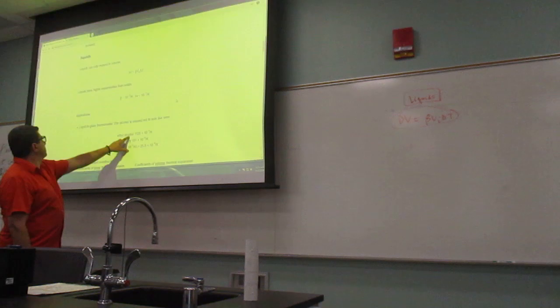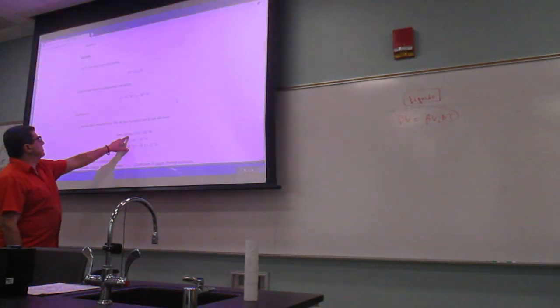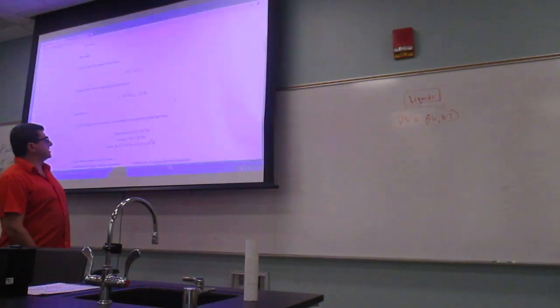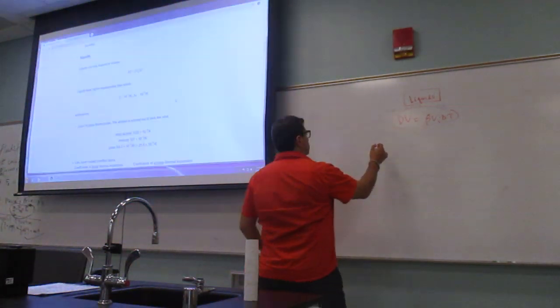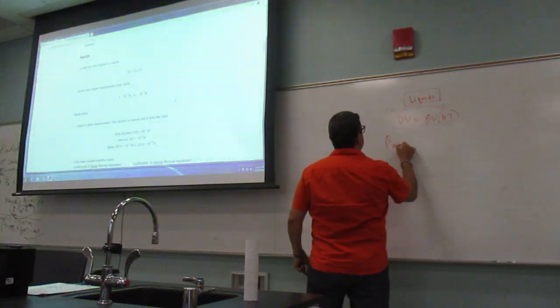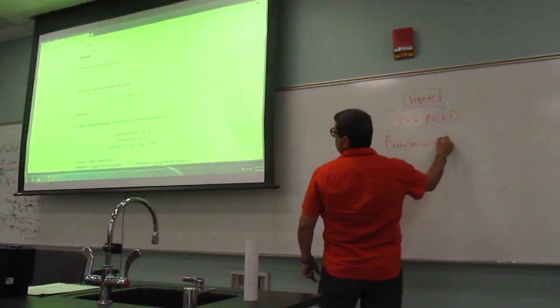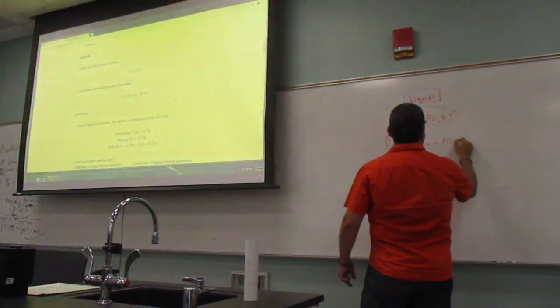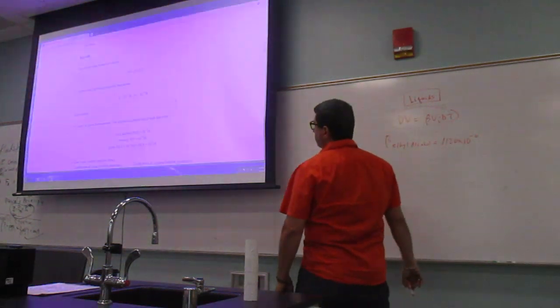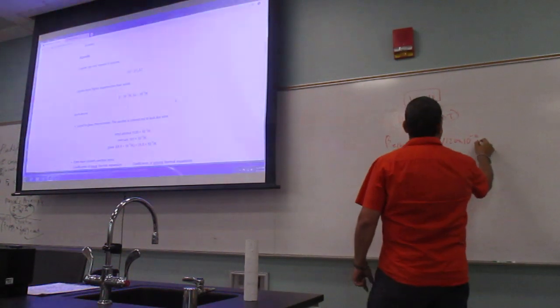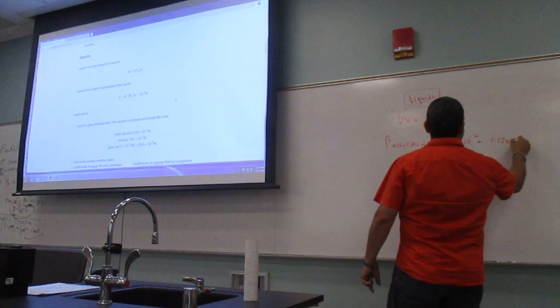Ethyl alcohol, 1120 times 10 to the minus 6. So it's going to be more like 1.12 times 10 to the minus 3.